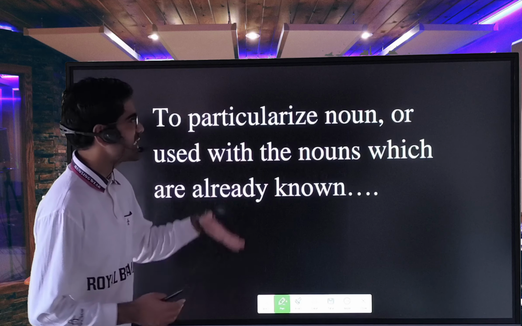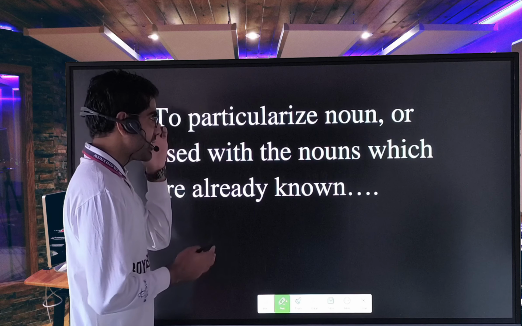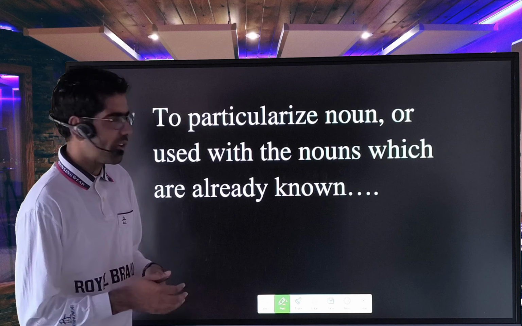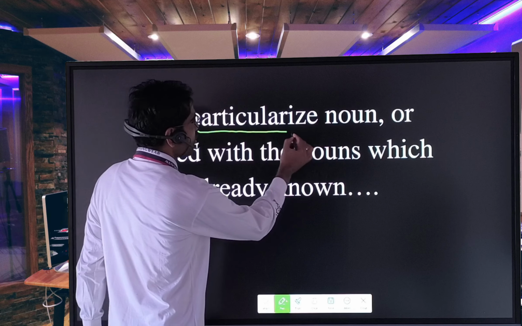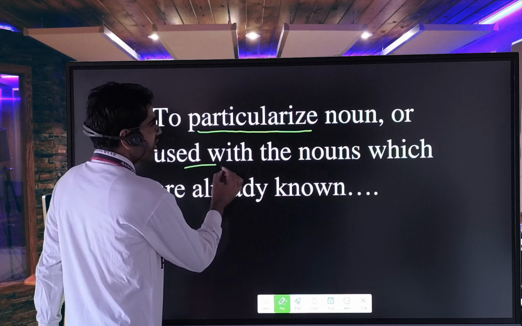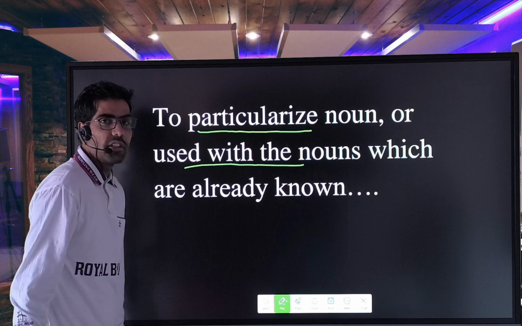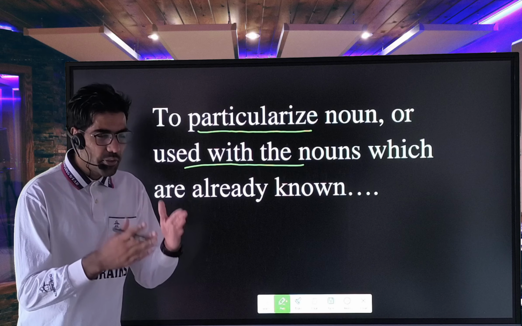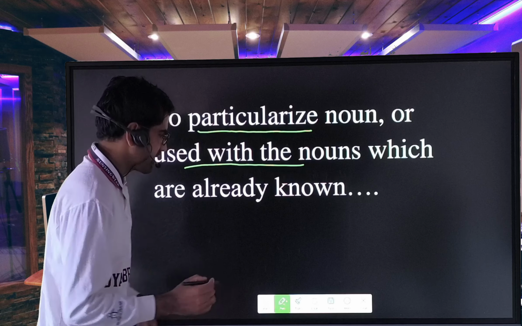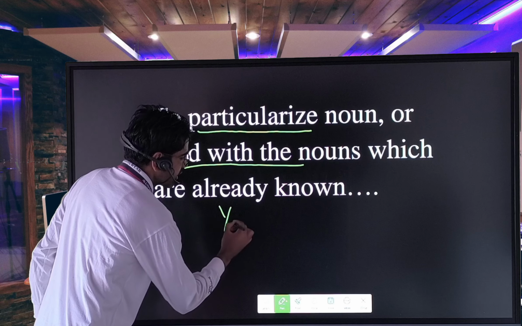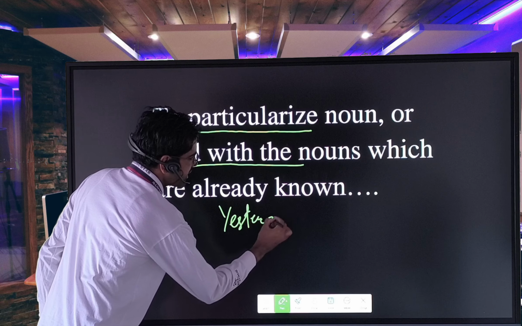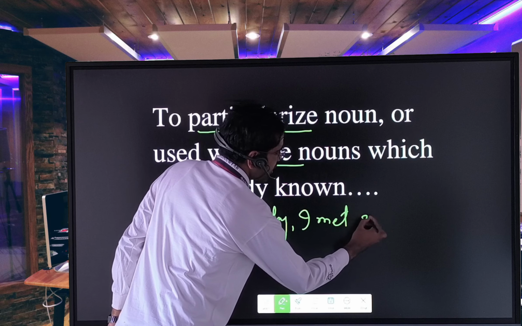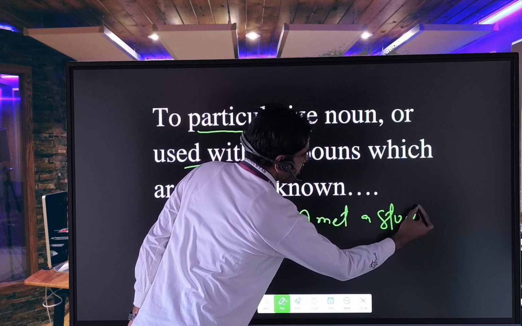So here the article shows us which noun is specific. It particularizes nouns and is used with nouns which are already known. For example, yesterday I met a student. The student was very intelligent.